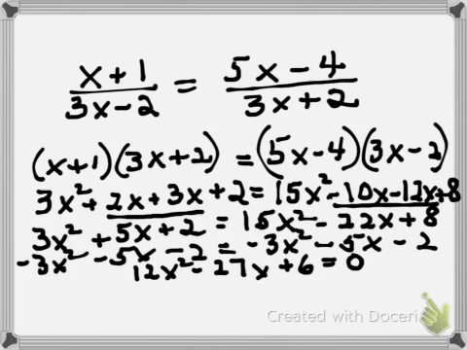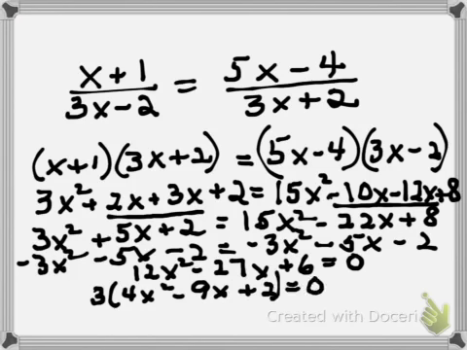And what's common to each one of those terms is 3. So I can factor out 3. And I have 4x squared minus 9x plus 2 equals 0. Now, 3 is a factor, but setting 3 equal to 0 is not going to give us a solution.